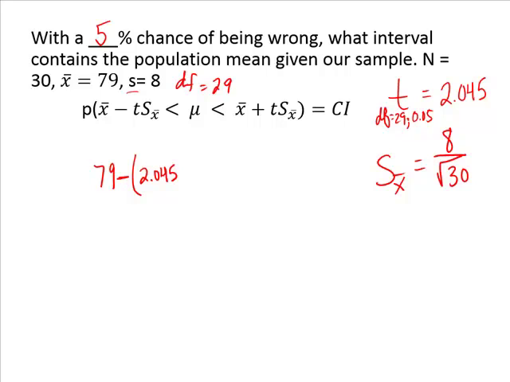She'll be quicker than you guys. Does anybody else get that? Trust but verify. You get what you got? Okay. So here we go. We now have our standard error of our sample mean, which is 1.461. Somebody take that and multiply it by 2.045.